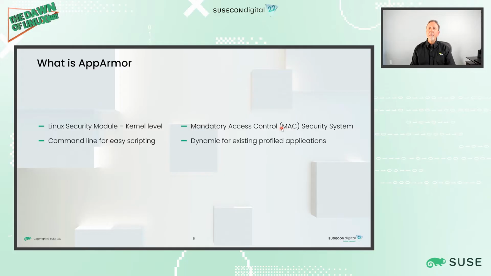So even if you've got an application that's been exploited and the hacker has figured out how to gain root access to the system as that application, they will not be able to exploit and perform operations that AppArmor doesn't allow, even if they're the root user.